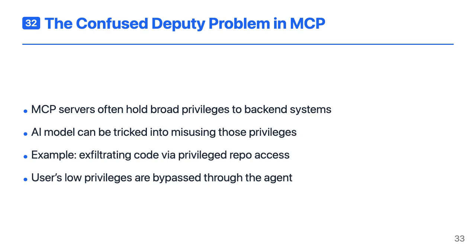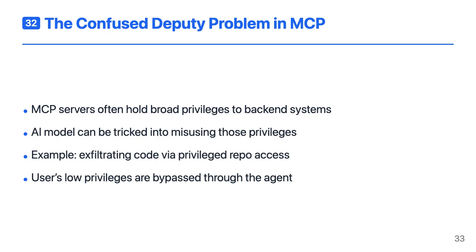The appendix walks through a classic confused deputy attack adapted to MCP. In this pattern, the MCP server is the deputy. It has broad privileges to a sensitive backend, like a corporate code repository. A malicious user with limited access crafts a prompt that convinces the AI assistant to ask the MCP server to perform a privileged action, say, creating a new branch containing a secret file.